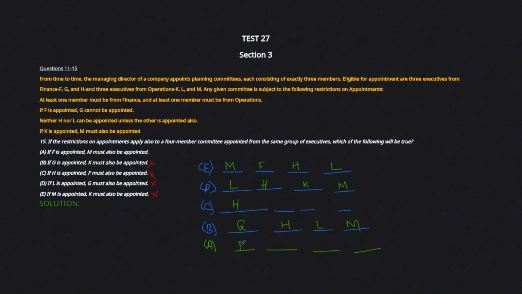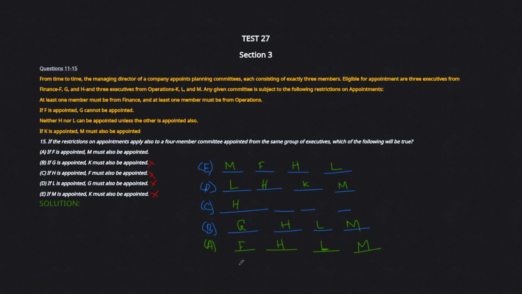So let's say I've appointed F, and let's say I've appointed H as well because I can appoint G. So if I have appointed H, I have to appoint L, and then I'm left with one empty space. In this empty space, I can only have M because if I have K, I would need an extra space to accommodate M as well, because from this condition, we know that if K is appointed, M must also be appointed.